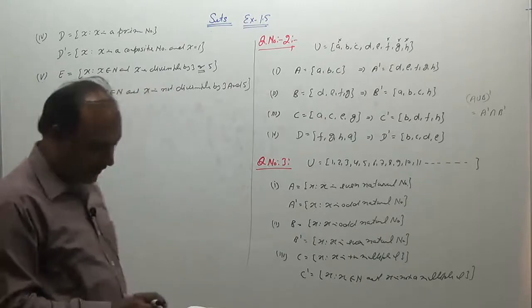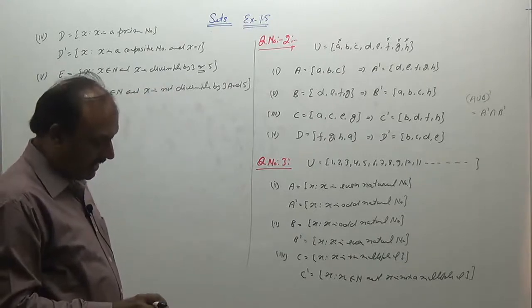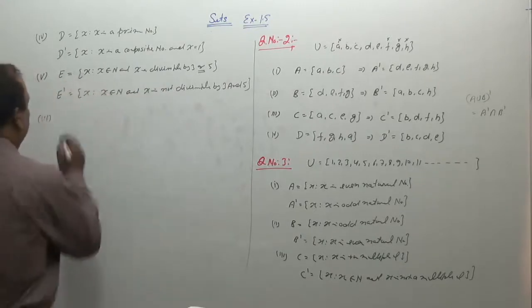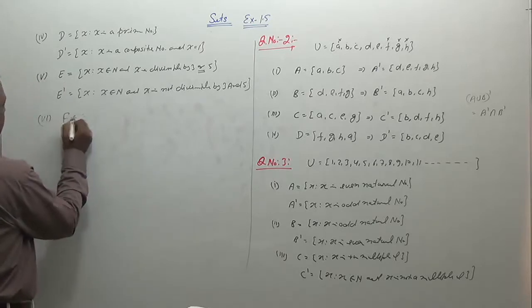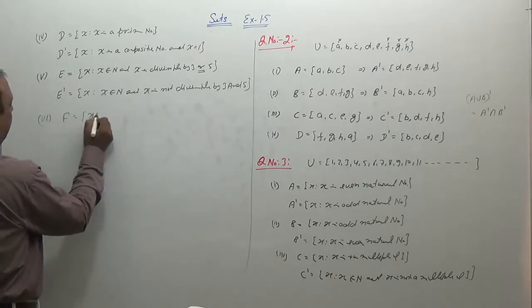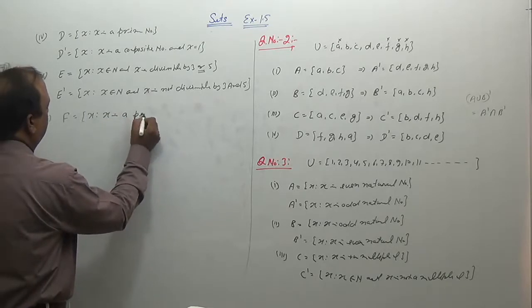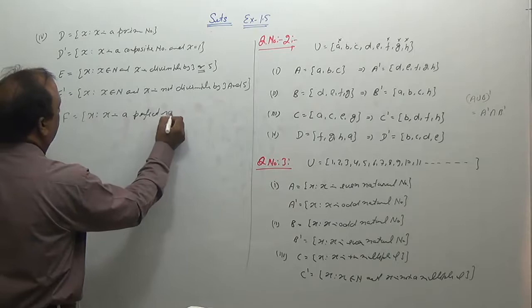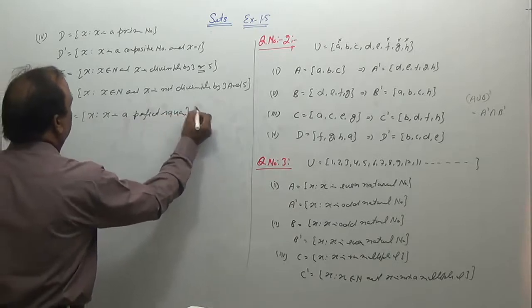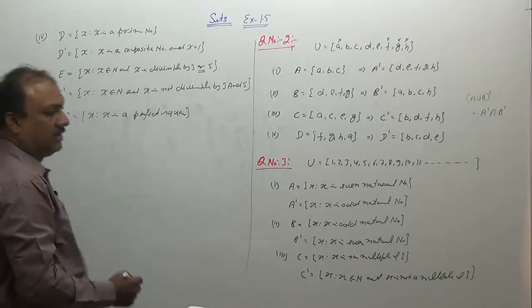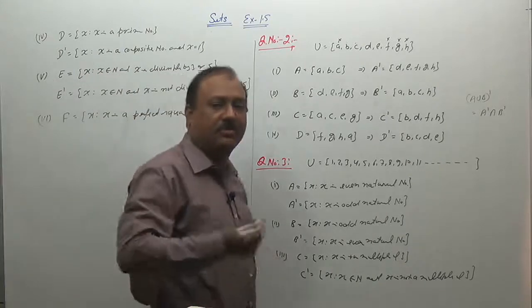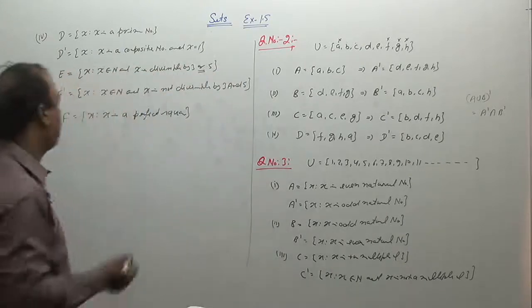Sixth part is X such that X is a perfect square, and we have denoted this set as A. So this contains all the natural numbers which are perfect squares, that is 1, 4, 9, 16, 25 and so on.